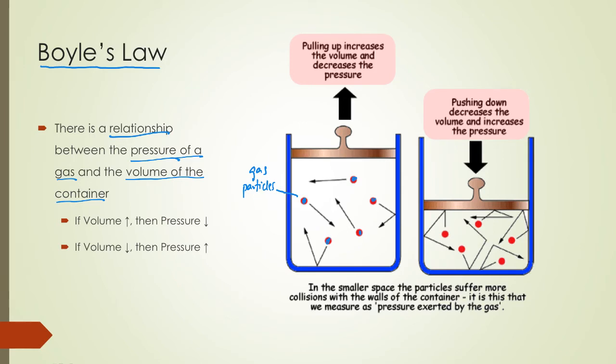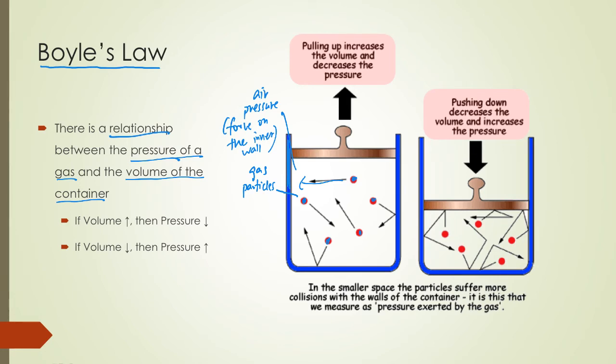When they hit the wall, the wall eventually feels a force, and we call this the air pressure, because the particles exert a force on the inner wall of the container.